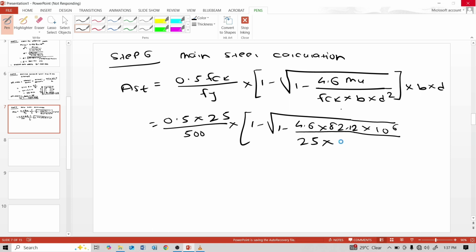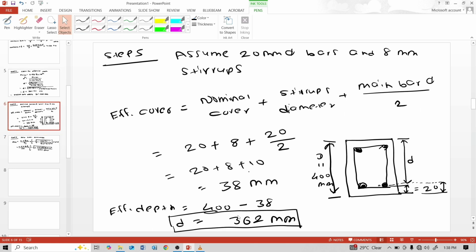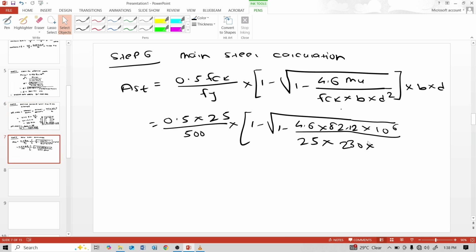B is 230. And D is the effective depth, D is 362 mm.